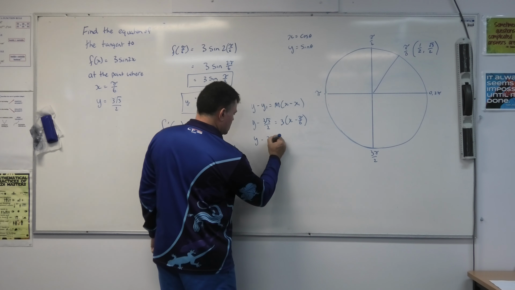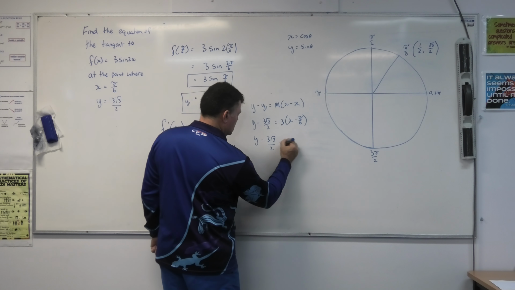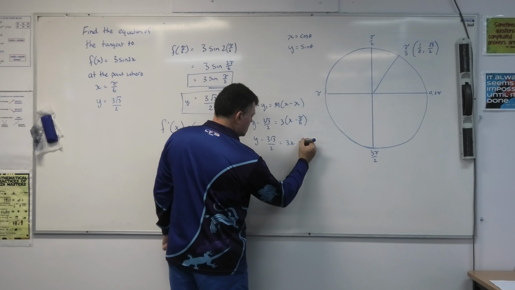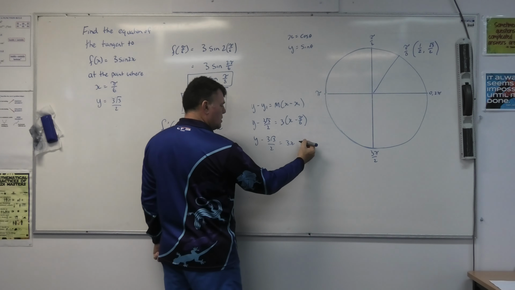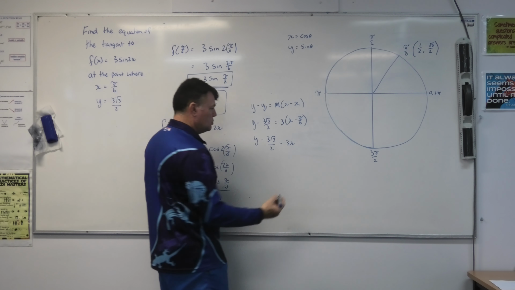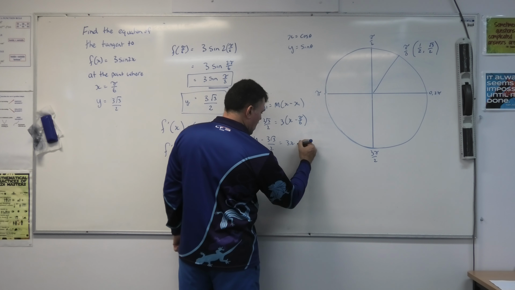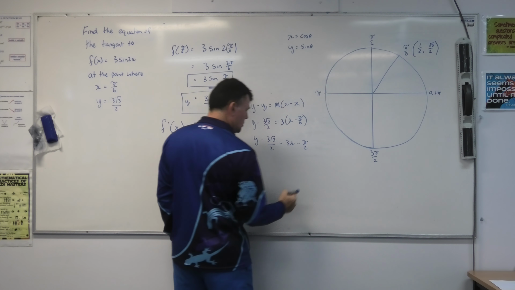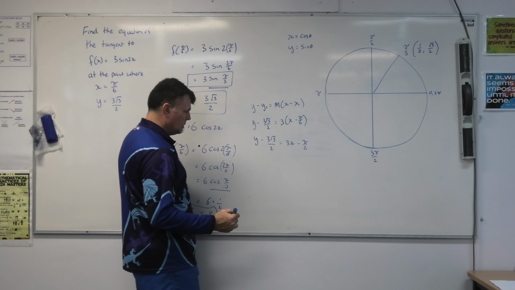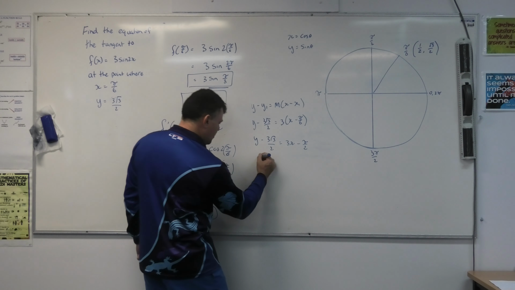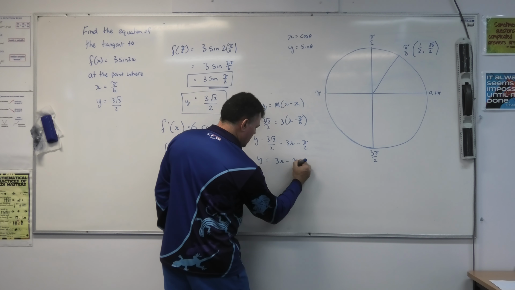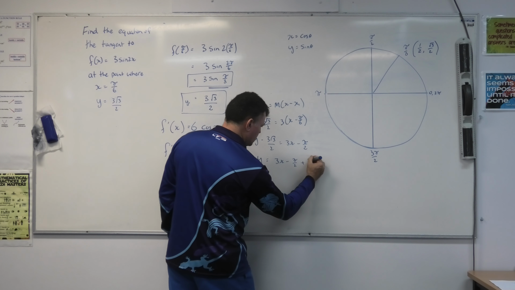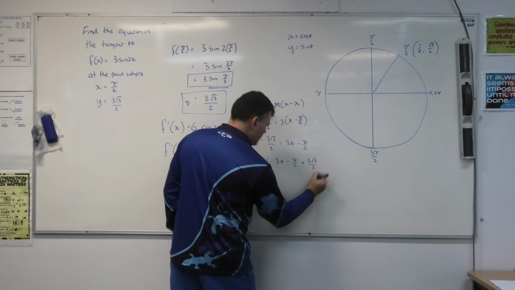So y minus 3 root 3 on 2 is equal to 3 times x minus... now we can do 3 times pi on 6, which gives us pi on 2. So minus pi on 2, and then bring across the last part: y equals 3x minus pi on 2 plus 3 root 3 on 2.